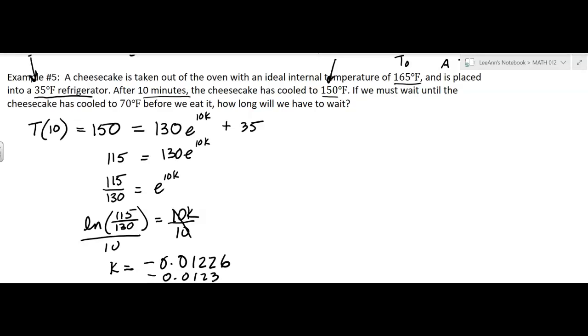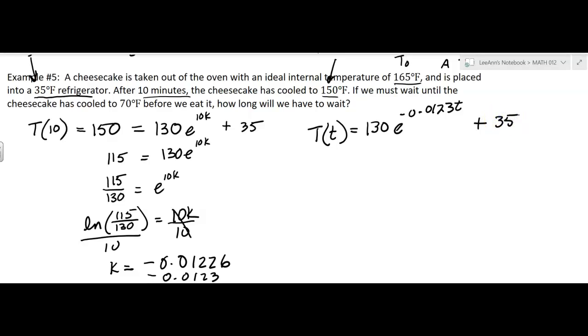All right, now we can plug that into the formula. So we can say the temperature after so much time is going to be 130. The A isn't going to change. The temperature we took it out of the oven at and the temperature of the fridge, those aren't changing. E, and now we have K, negative 0.0123, and that is an approximation, T, plus 35.